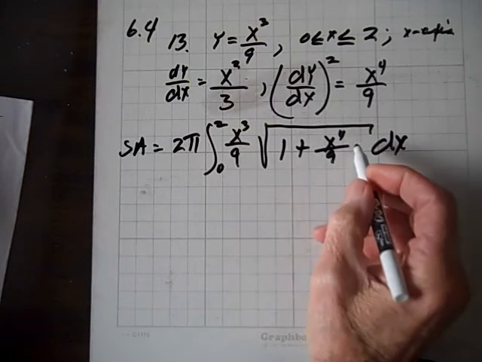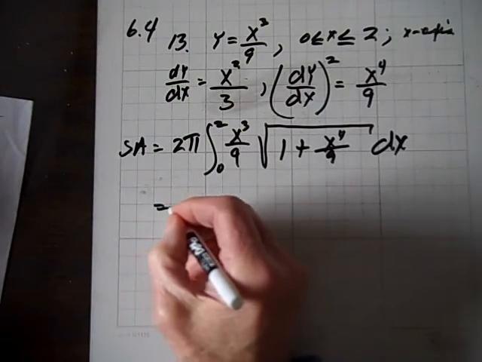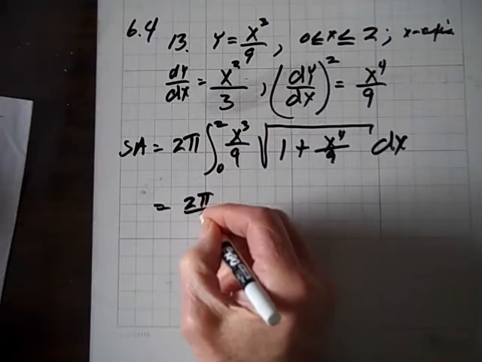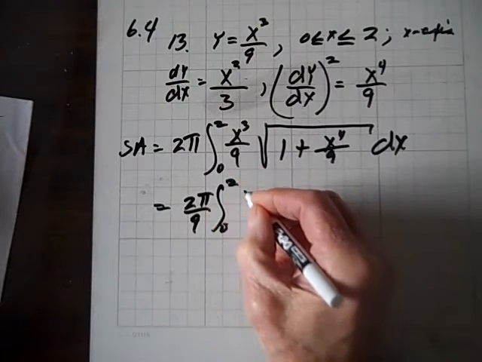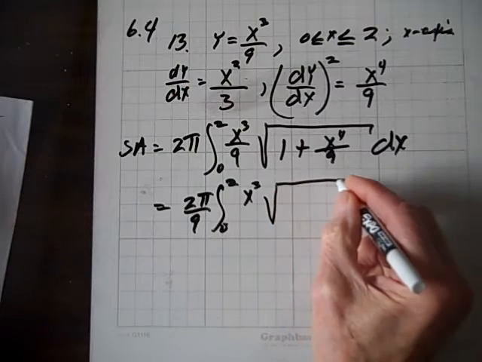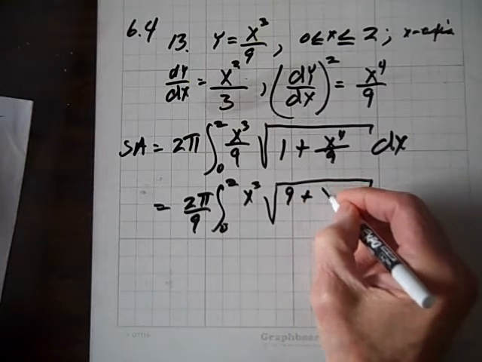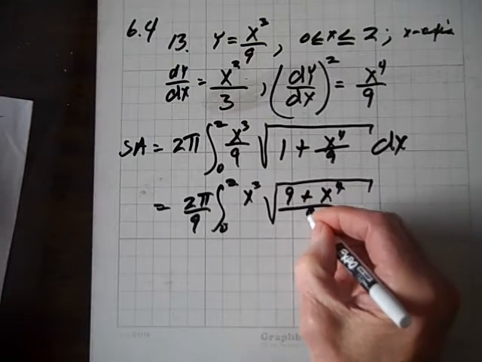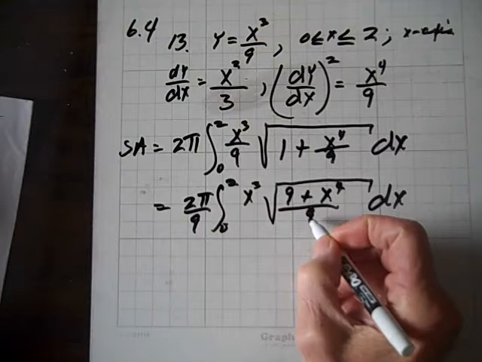Now, let's get a common denominator, and by the way, I'm going to put this 9 over here. 2 pi over 9 integral of 0 to 2 of x cubed, and getting a common denominator, 9 plus x to the 4th over 9 dx. But the square root of 9 is 3.